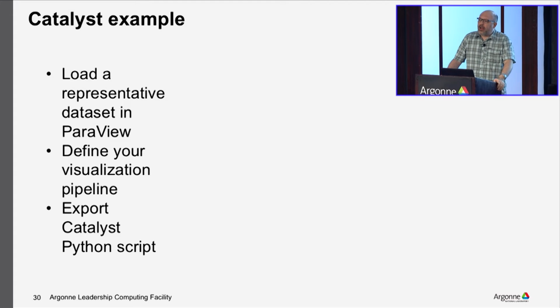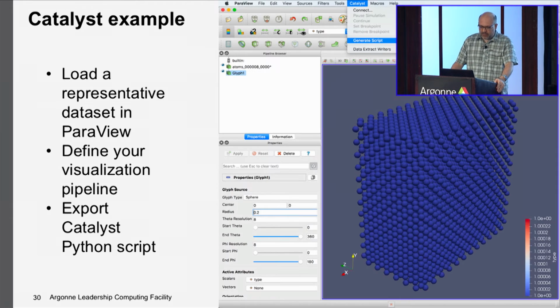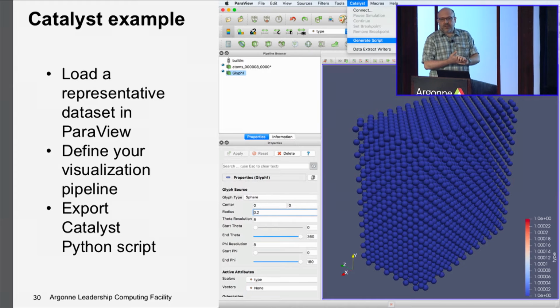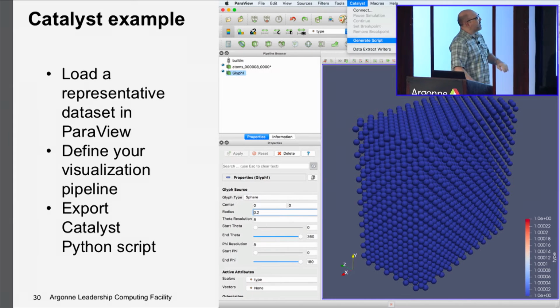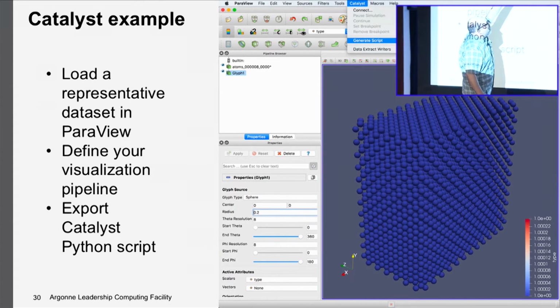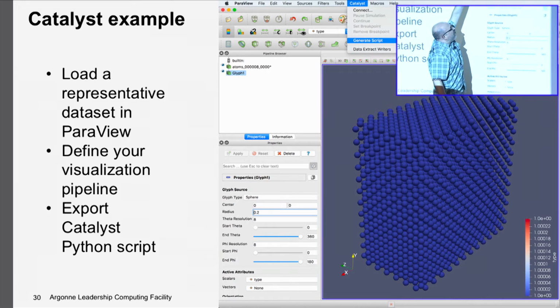So what you do, for example, if you want to use the Catalyst backend, one possibility is to use ParaView, and Dave is going to show ParaView in detail and its interface. But the point I want to make here is that it's really simple to just load a subset of your data in ParaView, create the pipeline that you want to execute, right?